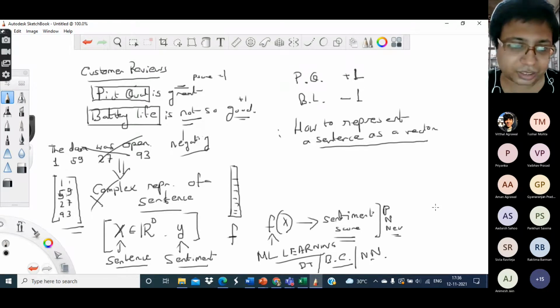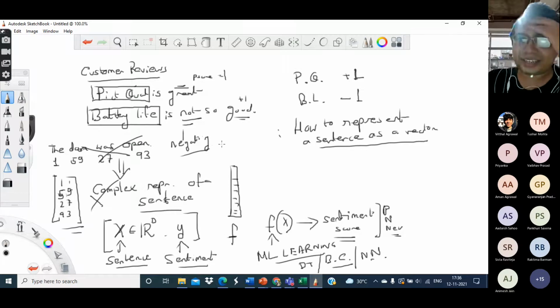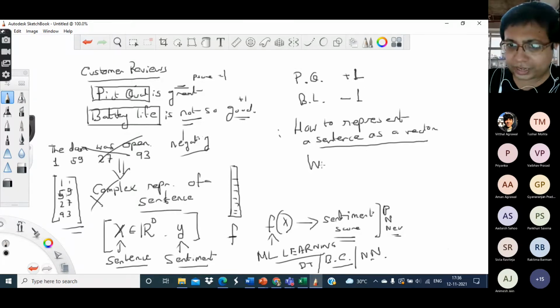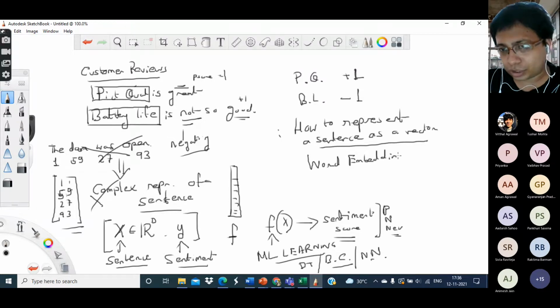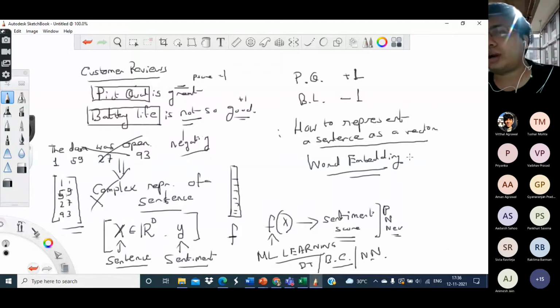So if d is not the length of the sentence, then what else can it be? The answer lies in this whole technique of word embedding, which has become one of the most important and state-of-the-art technologies in natural language processing. So what is word embedding?